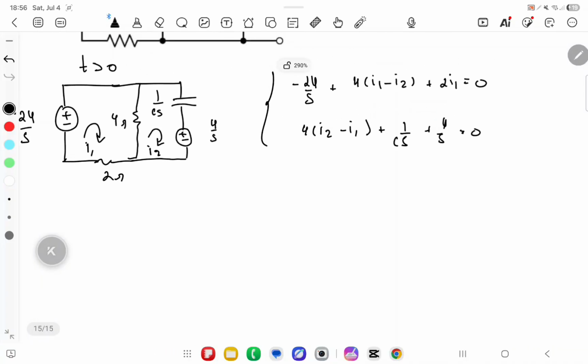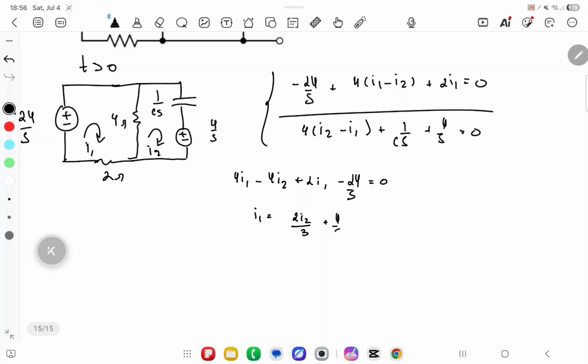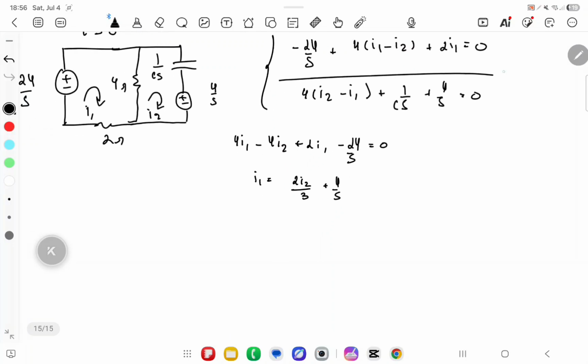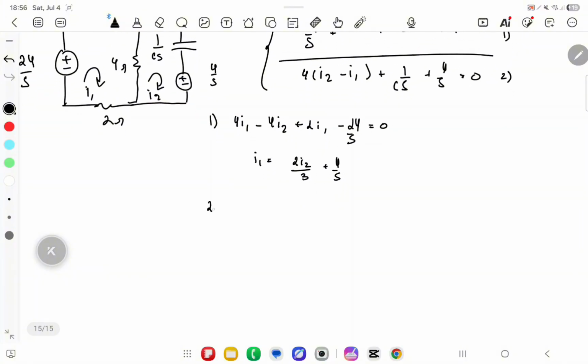So I'll first solve this thing. So 4I1 minus 4I2 plus 2I1 minus 24 over S is equal to 0. So from this, I can say that I1 is equal to 2I2 over 3 plus 4S. This is the first equation, and this is the second equation.